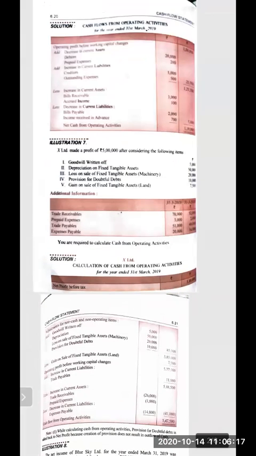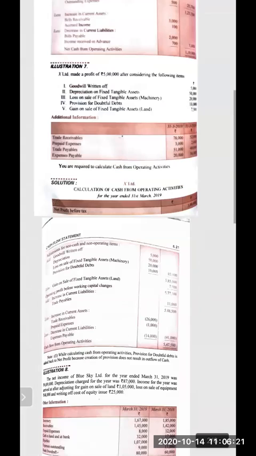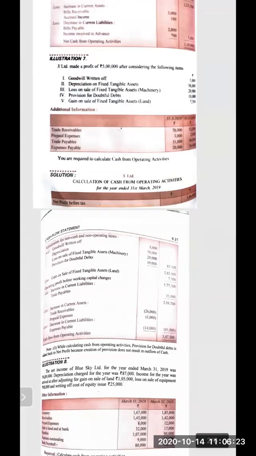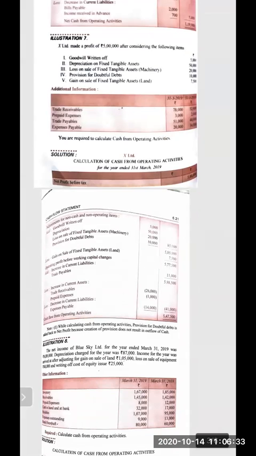Let's see, a different type of information is given to us, then how it is to be tackled. See, in illustration number 7, the information is given to us that X Limited made a profit of rupees 5 lakh after considering the following items. These items have been considered in the profit while calculating it. What are these?